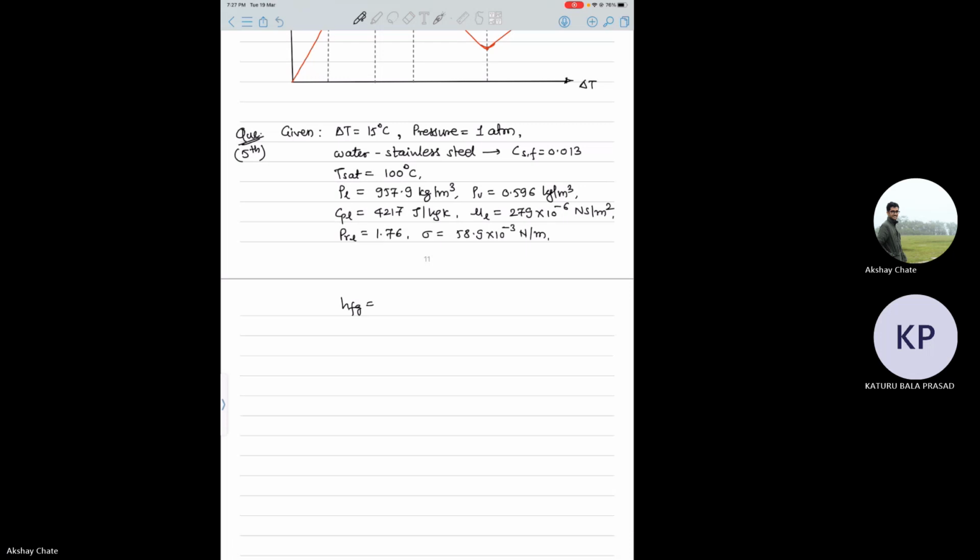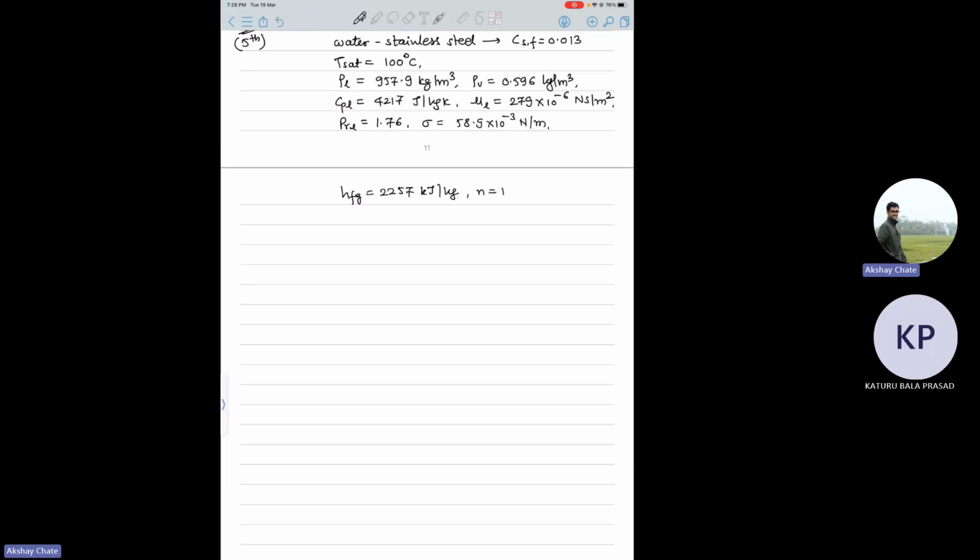HFG is 2257 kilojoule per kg. And this another constant is equal to 1. And they have mentioned to use the Rohsenow correlation.